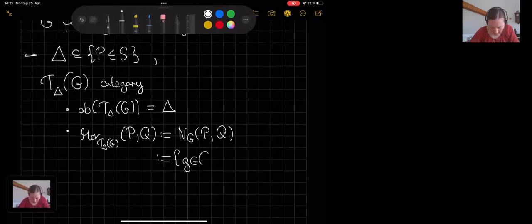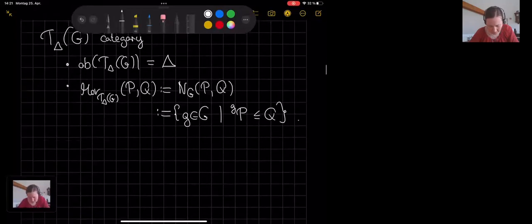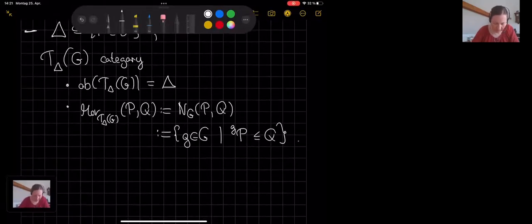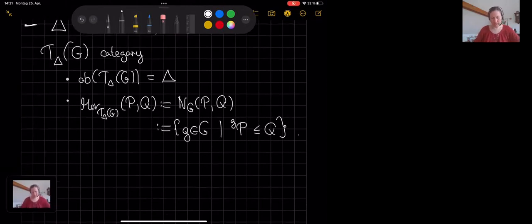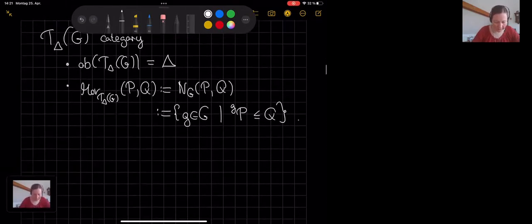These are the elements g in G such that P conjugated by g is contained in Q. Or more precisely, one would have to say one takes the triple (P, Q, g), where g is in the normalizer in G of P, Q, to distinguish the different morphism sets.